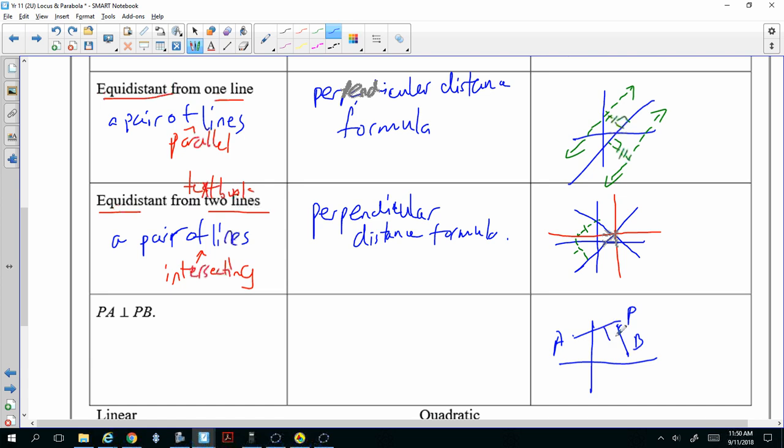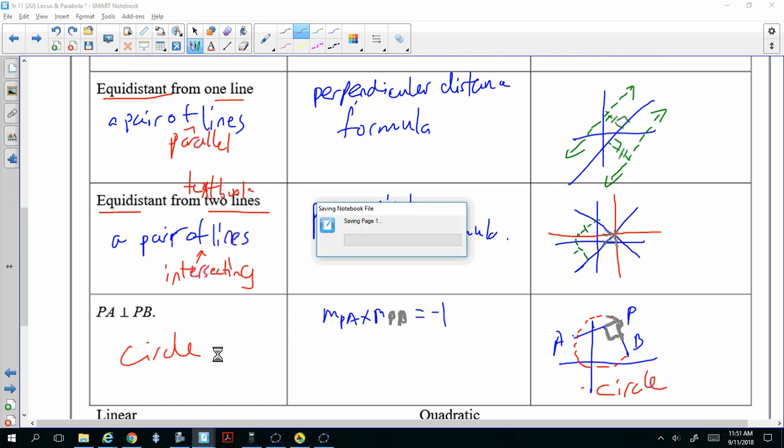So we've got all covered. You get a pair of lines, a parabola, lines, a circle, you get everything. So everything can be described geometrically. It's quite interesting, isn't it?